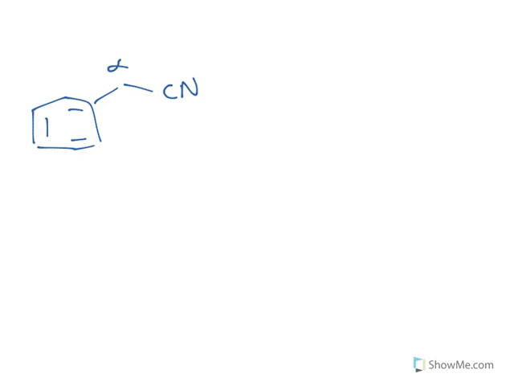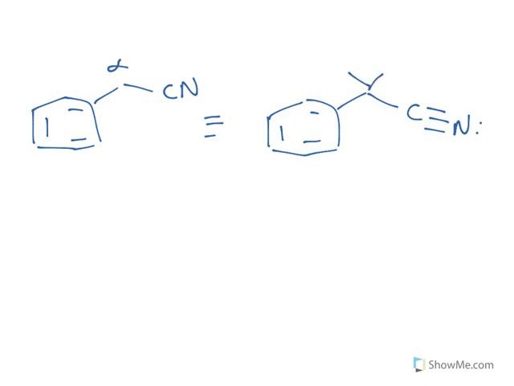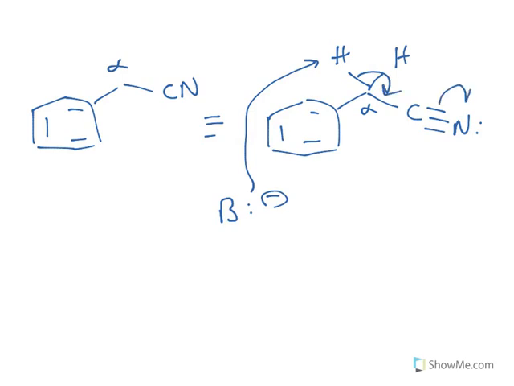All right, so the way I want to draw this out is I'm going to draw the triple bond and the lone pair on the nitrogen, and I'm going to put my two hydrogens in the alpha position. And I can take a base here and make the enolate anion equivalent of the nitrile.